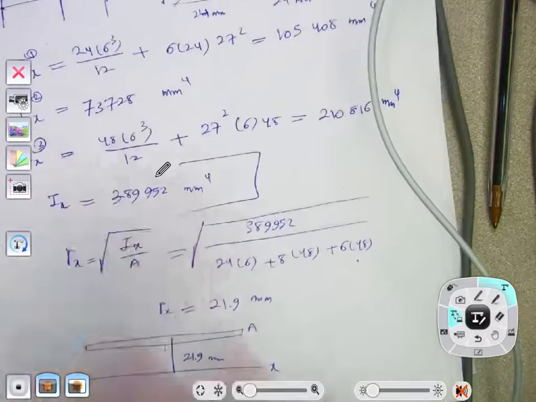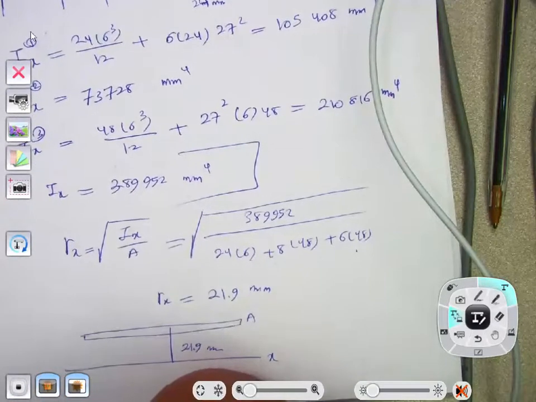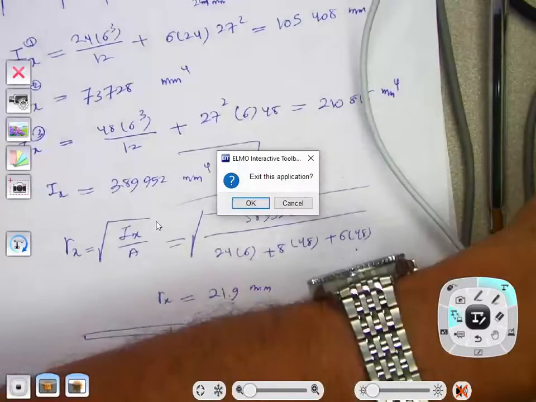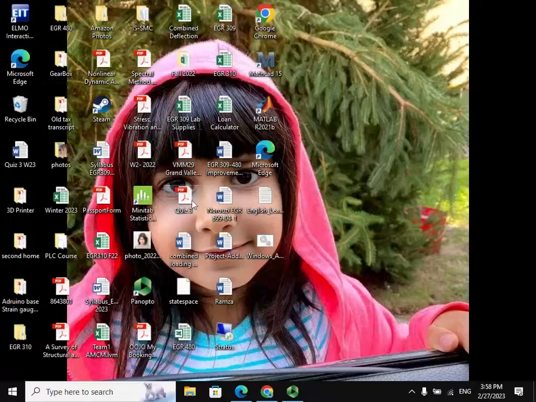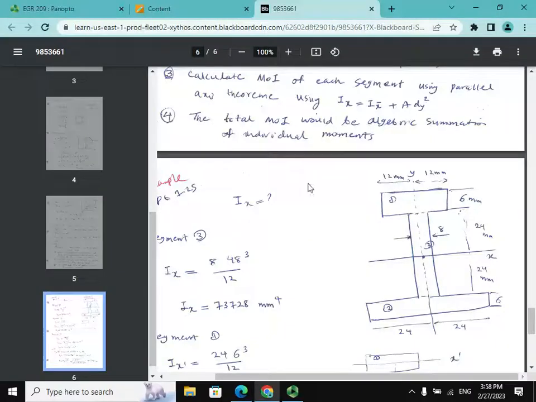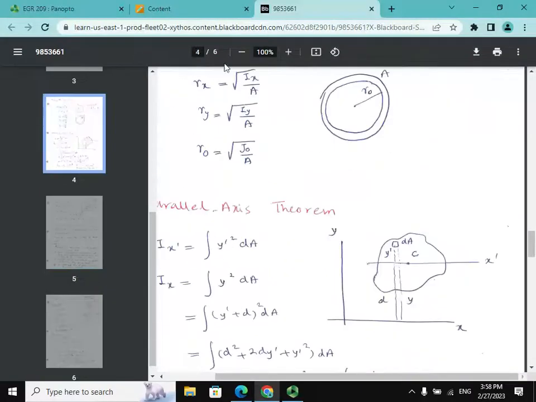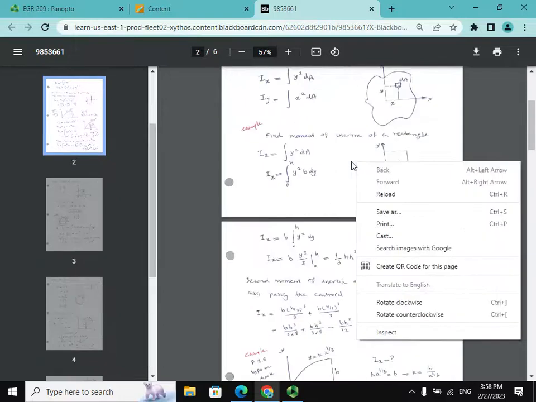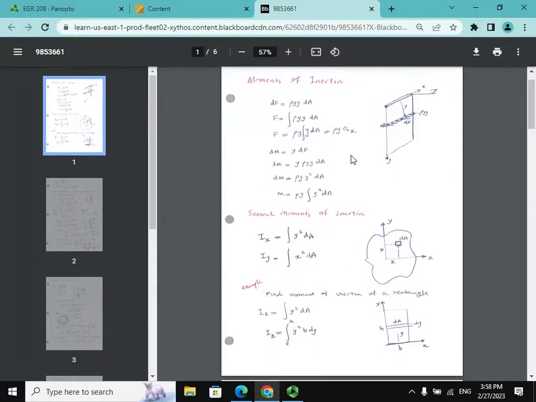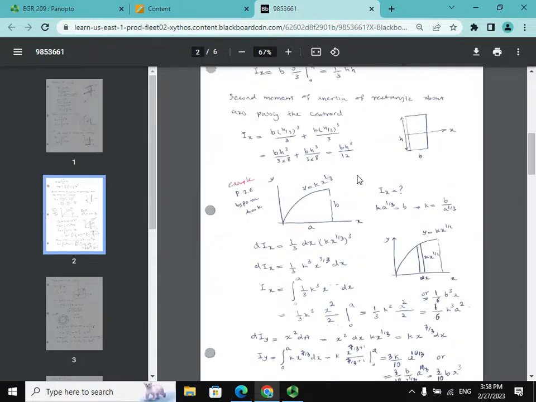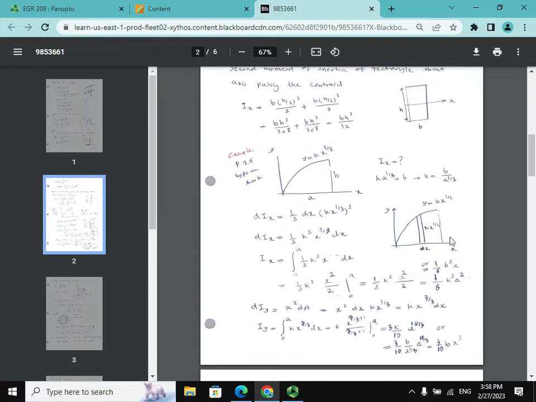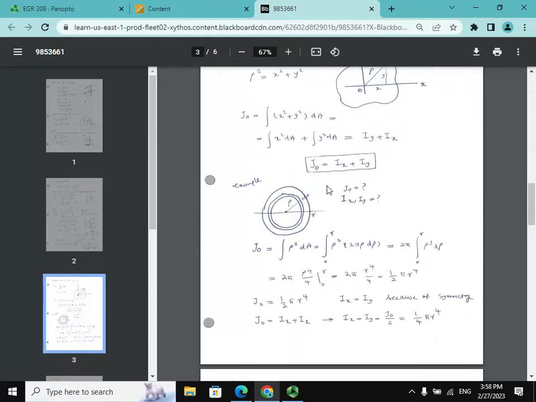You learned about the method of integration, so let me open the notes and show you there. We learned about the method of integration, where you build differential elements and integrate.